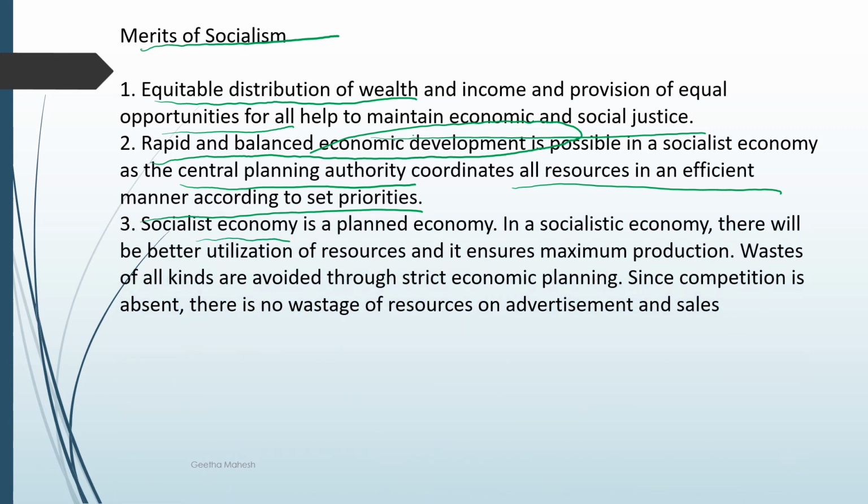In a socialist or centrally planned economy, there will be better utilization of resources and maximum production, and we can avoid all kinds of waste as it is strictly planned by the central planning authority.